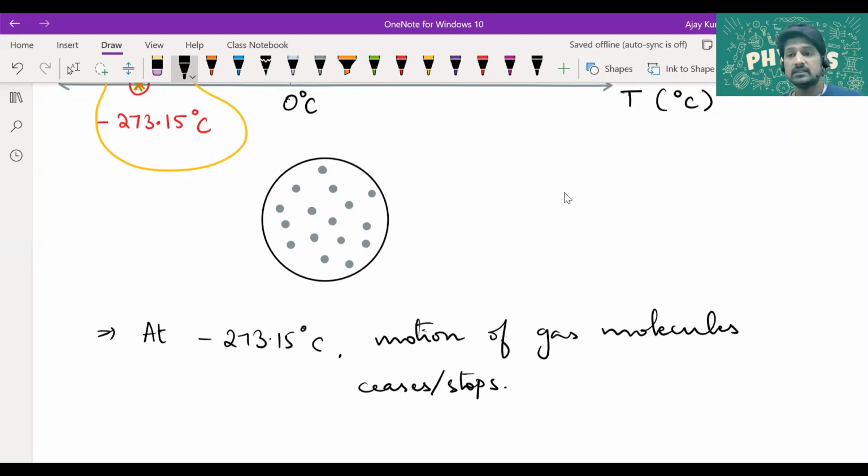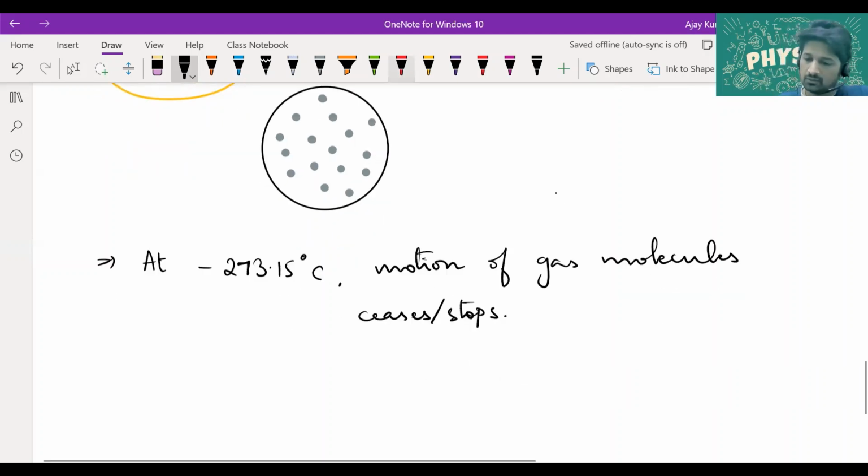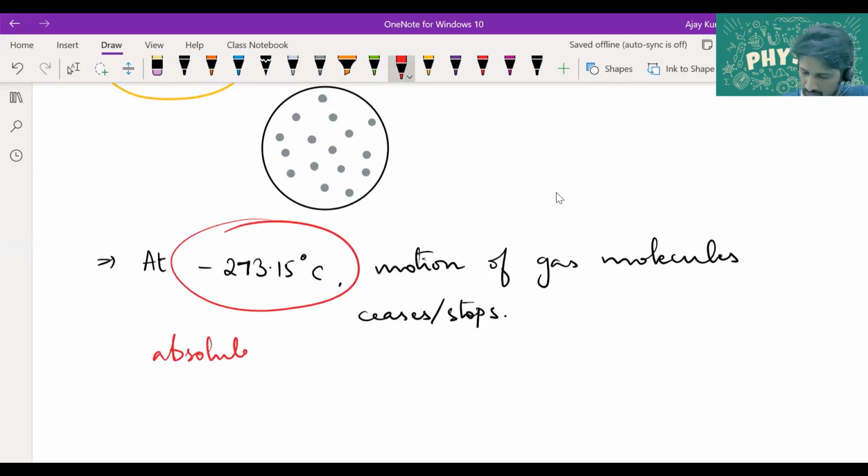This is what gave rise to the Kelvin scale. So scientists concluded that this temperature must be something special. At this temperature, molecules cannot move at all. So they called this temperature the absolute zero of temperature.